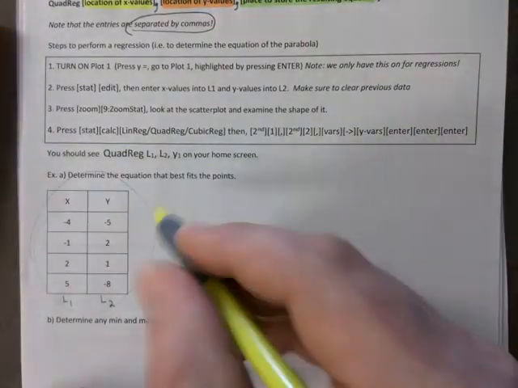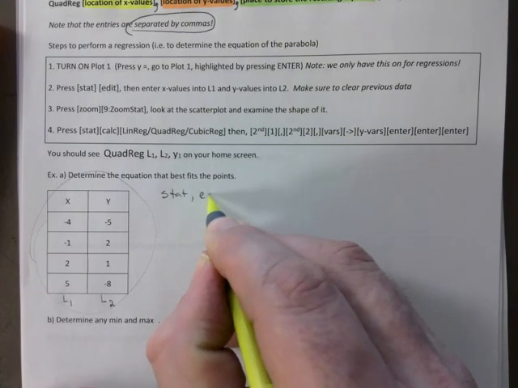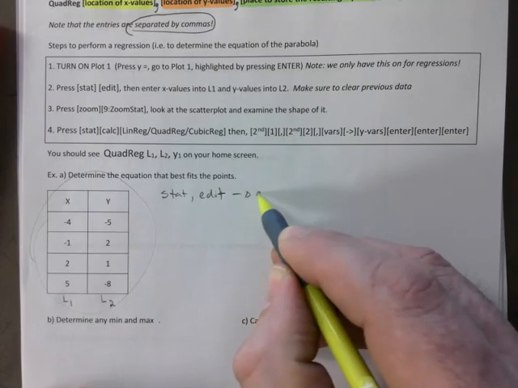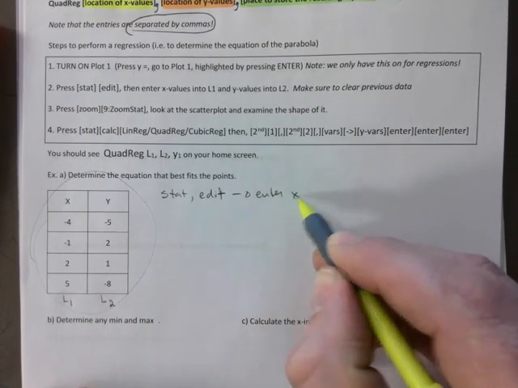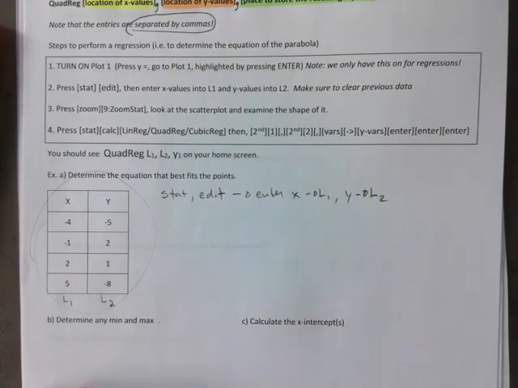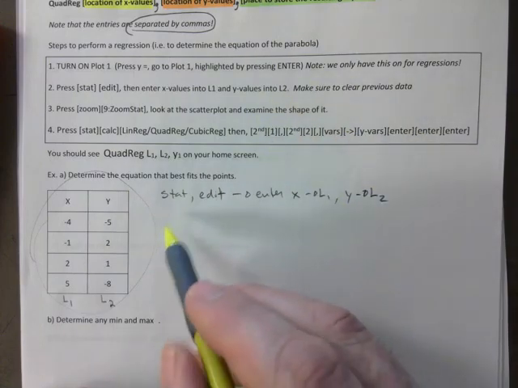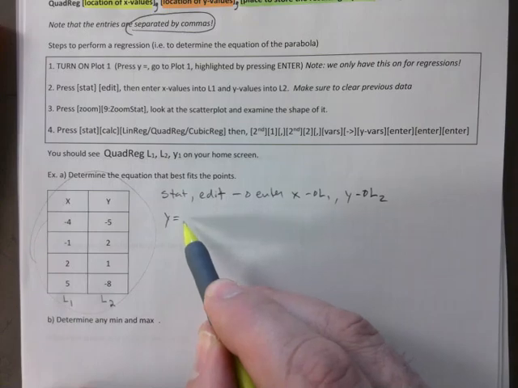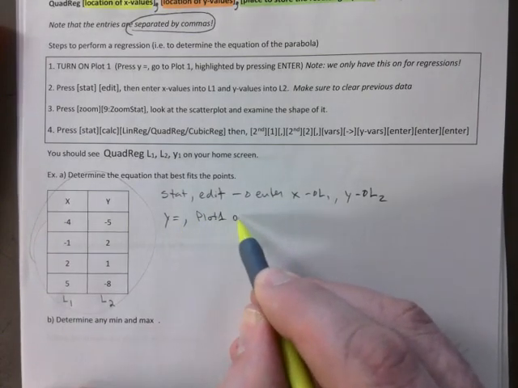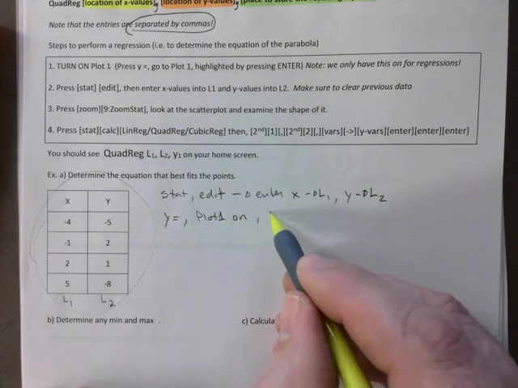So I will one more time just say stat edit, right? And then enter x into L1, y into L2. So I'm kind of going off of this here a little bit. Then you go y equals, plot 1 on, okay, and then zoom stat.